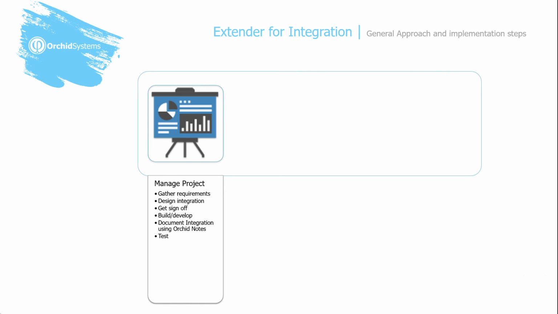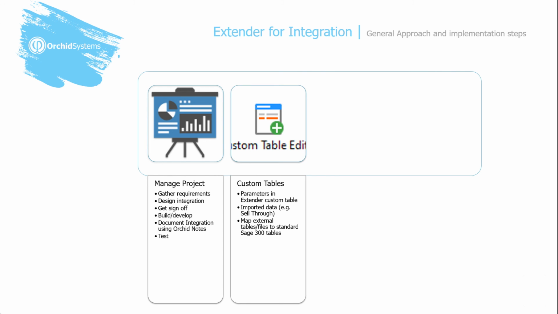So a key component of managing such a project is going to be to gather the requirements, design the integration, get the sign-off from the user, from the third party that you're integrating to, then obviously build and develop it, and document the integration using Orchid Notes, and DML is a good way to cater for this documentation requirements, and then obviously test the integration.